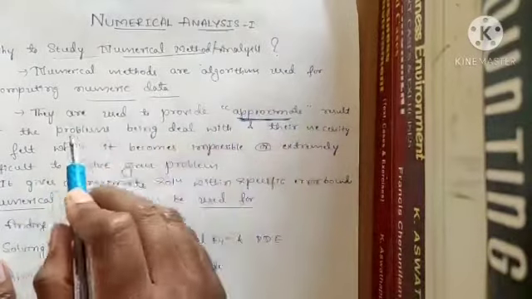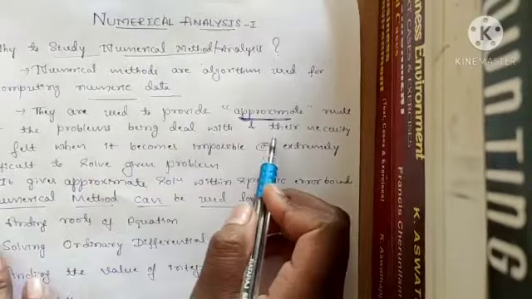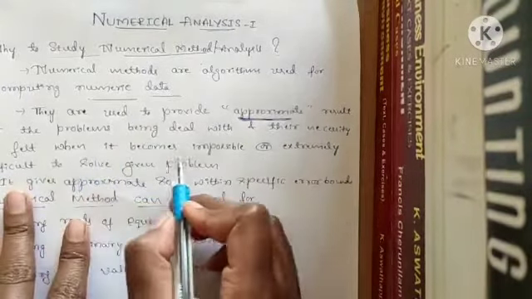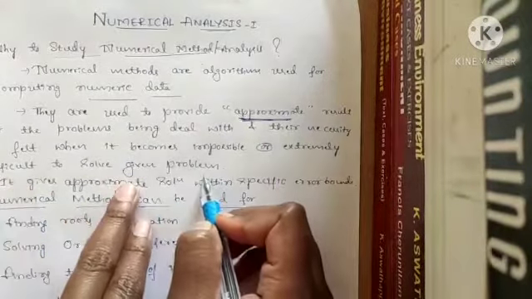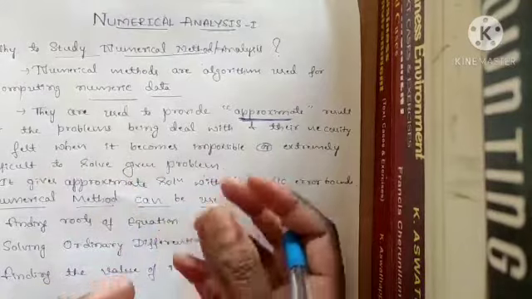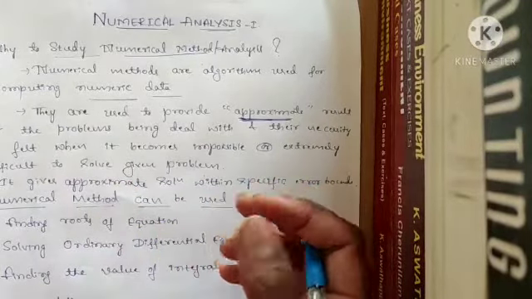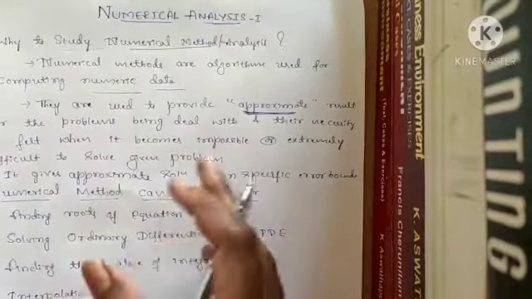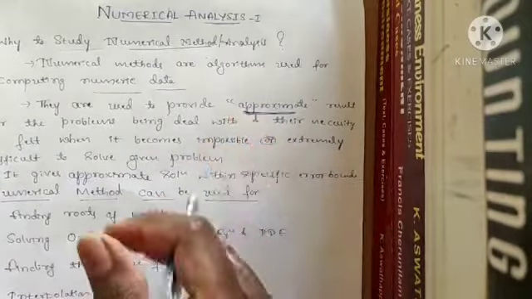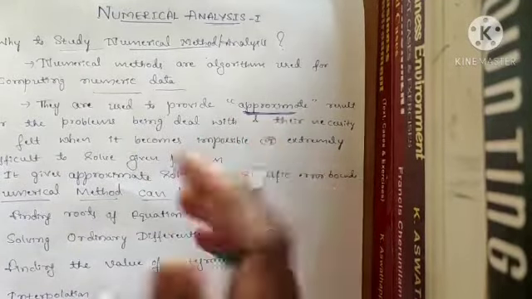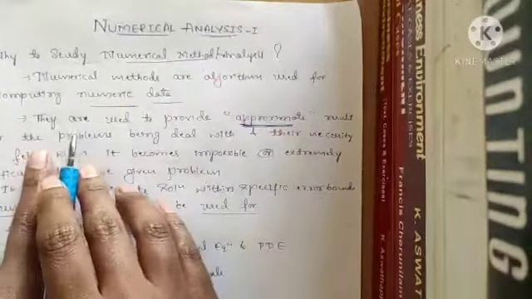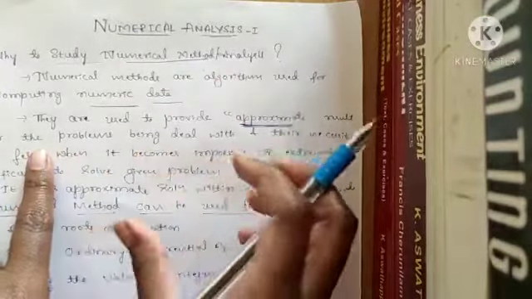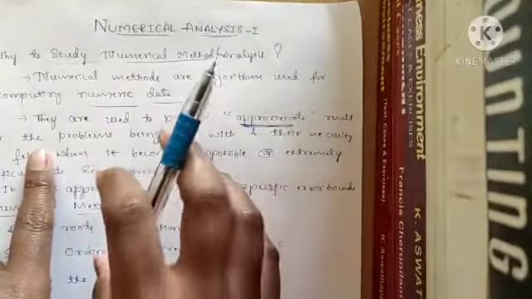Approximate results for the problems being dealt with, and their necessity is felt when it becomes impossible or extremely difficult to solve the given problems. In the later section I am going to tell you about these problems.